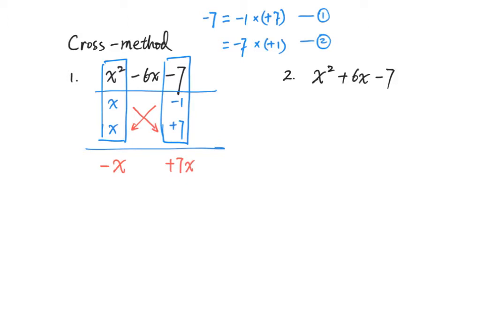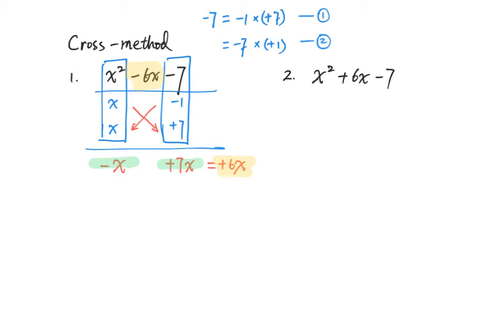And these two terms, -x plus 7x, equal +6x. But +6x is different from our middle term, -6x. So the first one is wrong. It's not fit for this question.